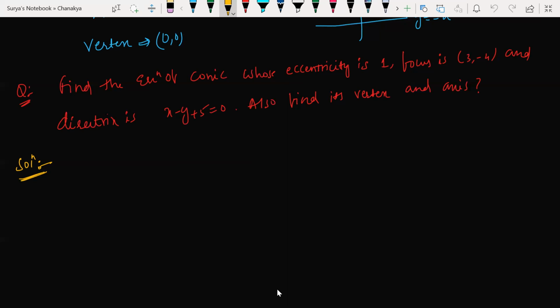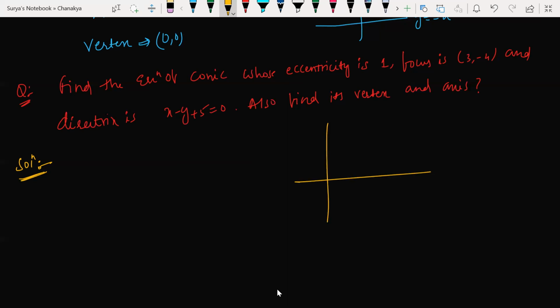I don't find any approach from anyone, guys. Look at this, focus (3, -4). Beta, it could be any type of parabola. The equation of the parabola is not specifically mentioned.